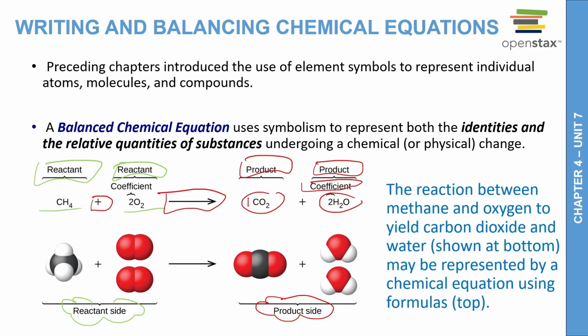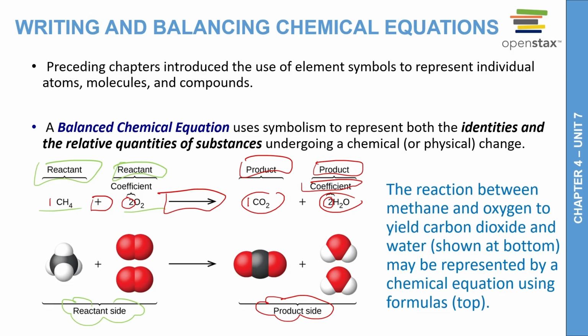A stoichiometric coefficient is the number that you see in front of the compound, substance, or element. So when you see the numbers, that means we have 1 methane, 2 oxygen molecules, 1 CO2 molecule, and 2 water molecules. That indicates the number of molecules, substances, or elements that we have in this reaction.